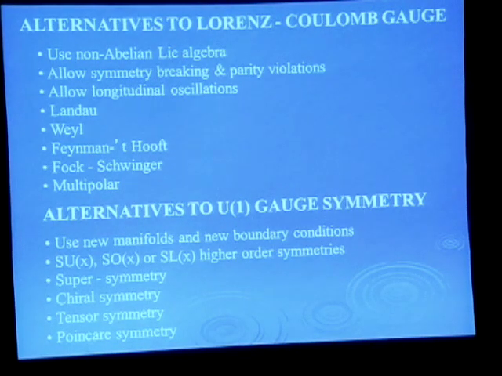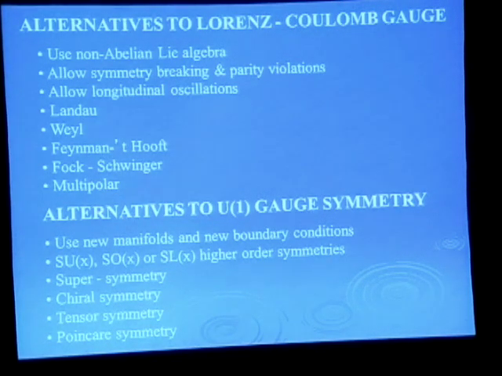Longitudinal oscillations are allowed, so it opens up the limitations that Maxwell imposed on the definition of the electromagnetic field. These are the names of the different kinds of gauges that are alternatives to Lorentz gauge. There are also alternative symmetries involved. Mathematicians love doing this kind of stuff, and they say, well, we don't have to stick to the U(1) gauge. We have all kinds of gauges and all kinds of manifolds that can be used to define the nature and the properties of the field.